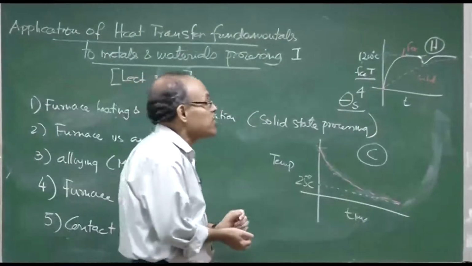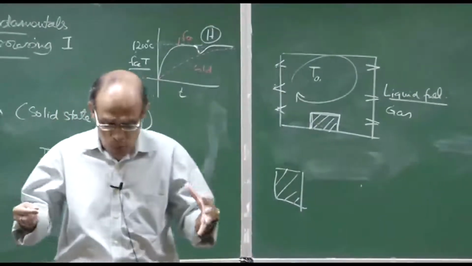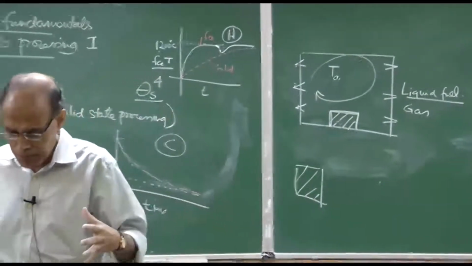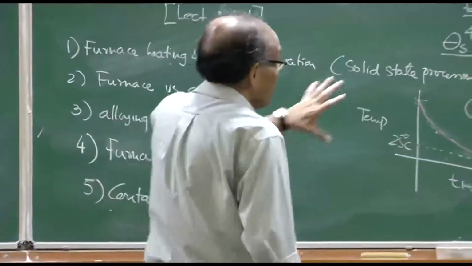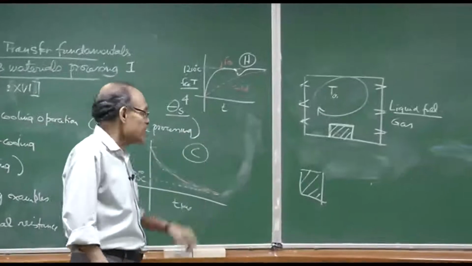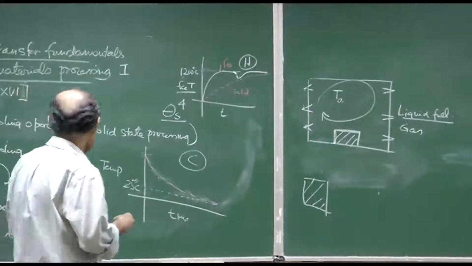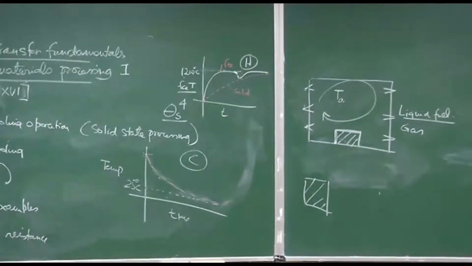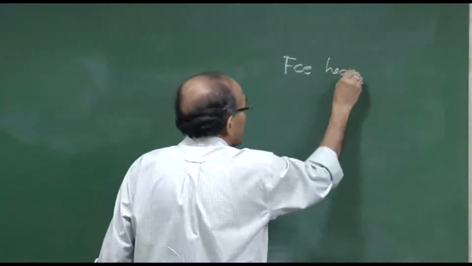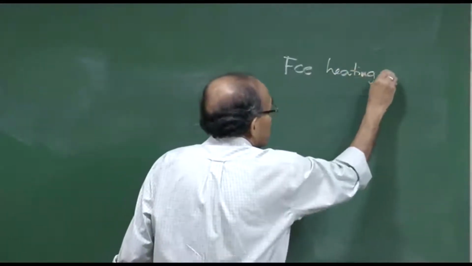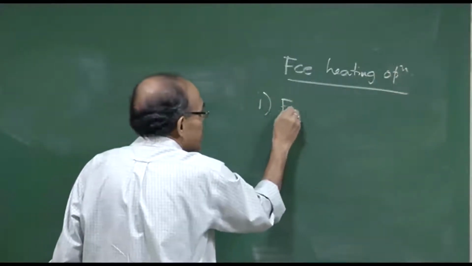As I said, you can put these operations in terms of heat transfer mathematical equations and so on, provided your understanding of the process is very clear. So, if you look at furnace heating operation, the characteristics are, number one, we understand the furnace temperature is constant.